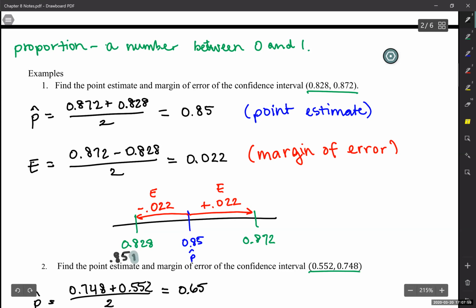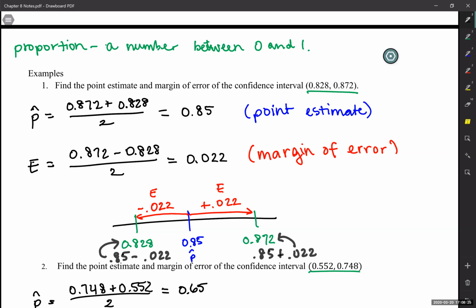It's minus 0.022. That is our left number. Our right-hand, our upper value, is going to be our p-hat 0.85 plus 0.022. That's where that number comes from. And so we are using our p-hat and our E to come up with those two endpoints.